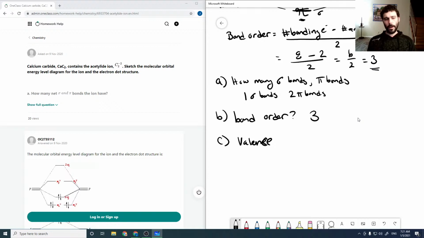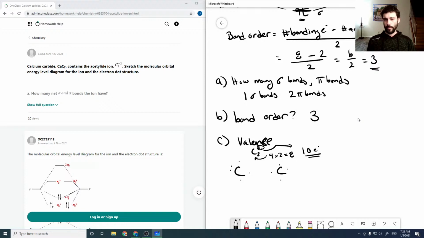So if we look at, say, our Lewis structure, for C2 minus we need 4 times 2 equals 8 valence electrons, but then we need to add 2 for the negative charge, so we need 10 total.